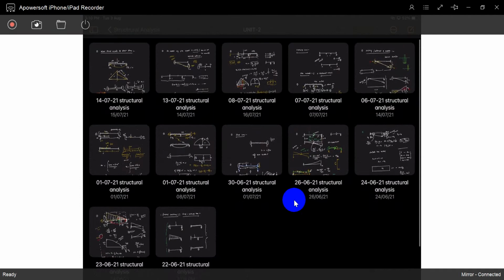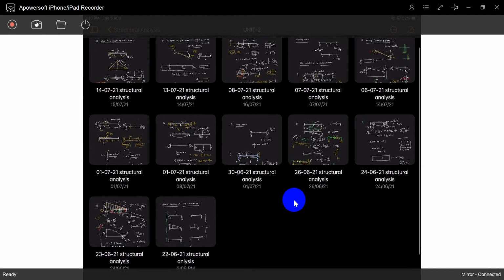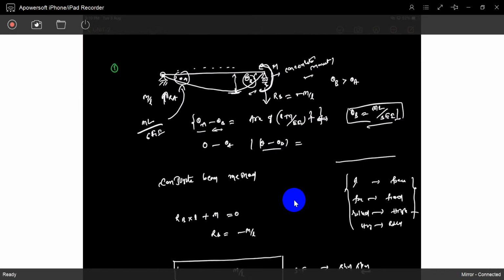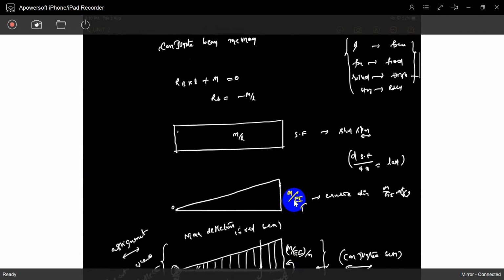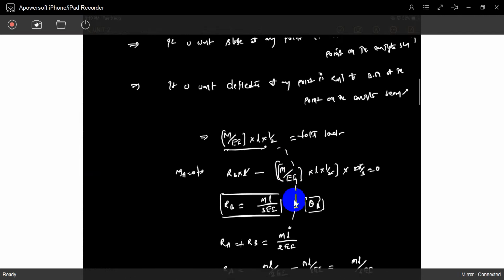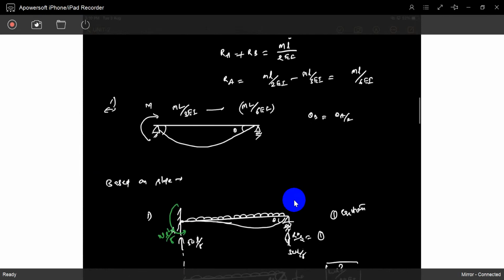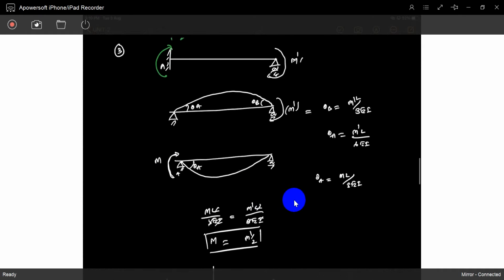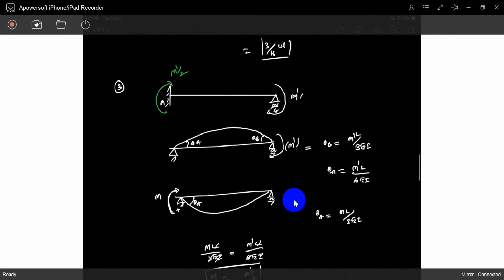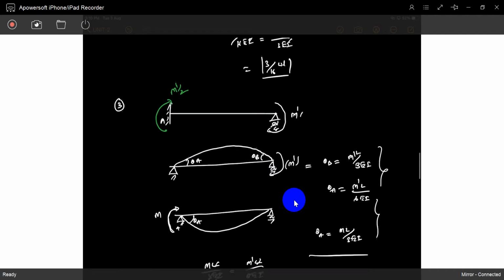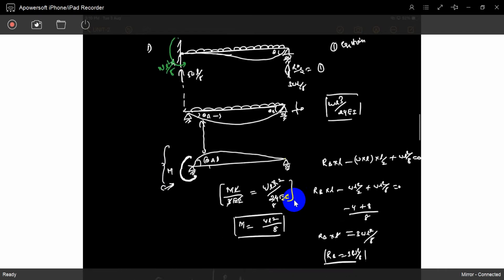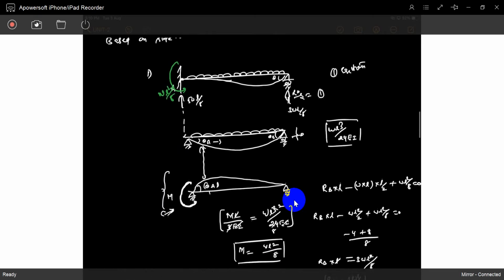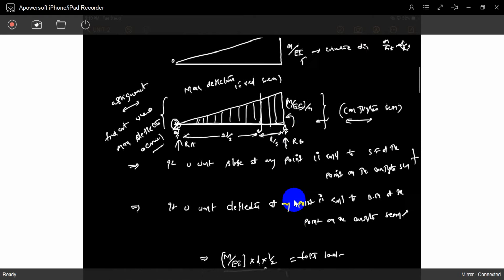These are all forces; we also calculated slopes by the slope deflection method.